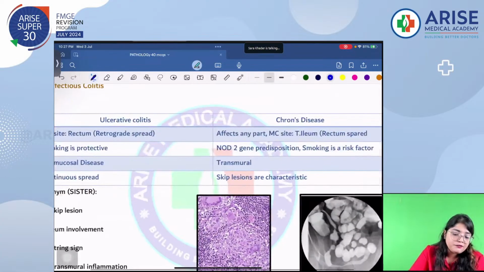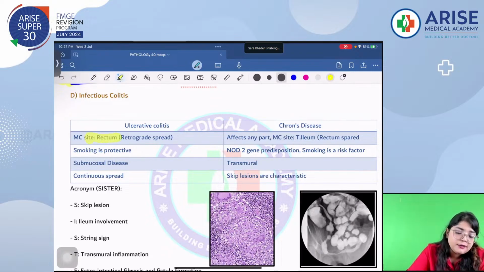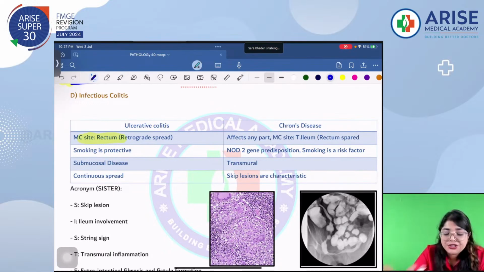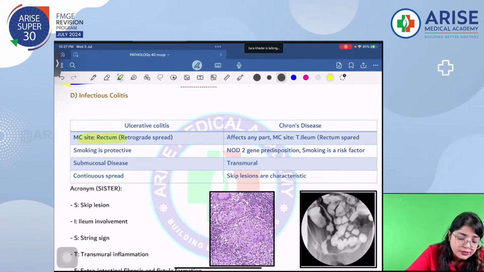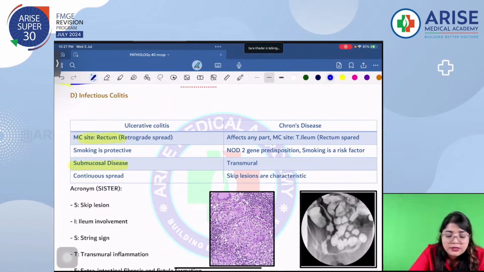How do you differentiate between them? What starts from the rectum? Ulcerative. It starts from the rectum and goes backward, so it is also known as backwash ileitis. Smoking is protective. This is a submucosal disease. It does not involve all the layers, and the spread is continuous.